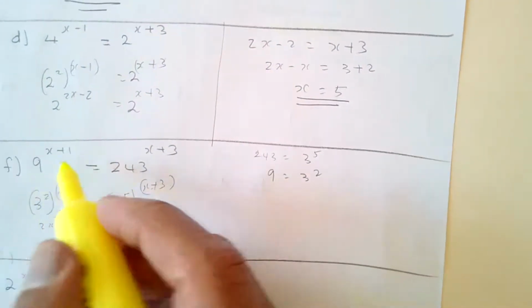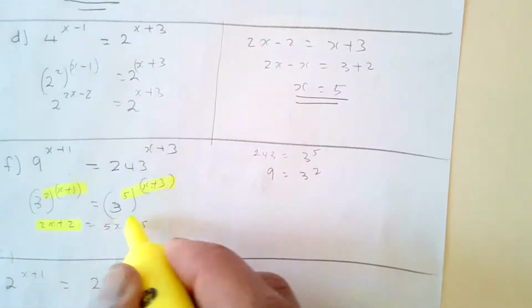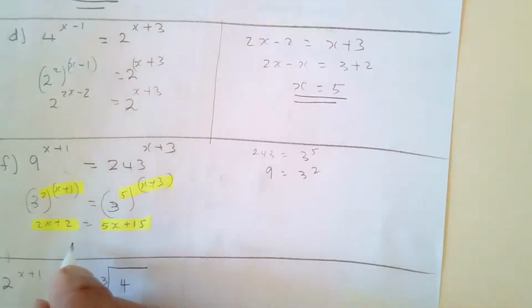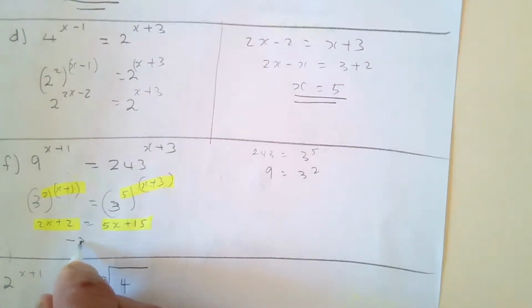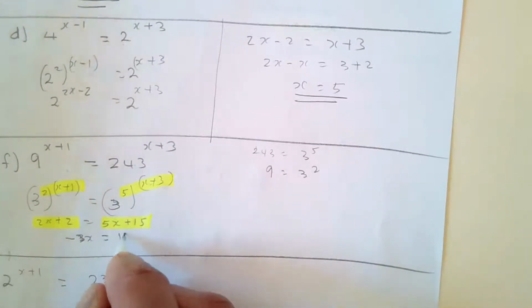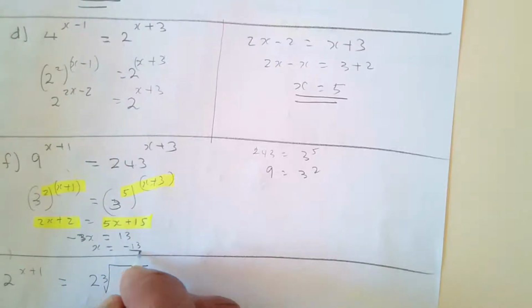These are exponents, so I'm going to rewrite those up there. And when we solve that, we end up with negative 3x is equal to 13. x is equal to negative 13 over 3.